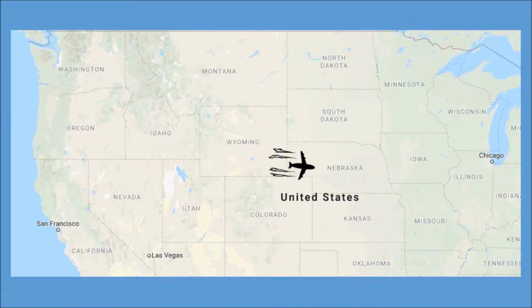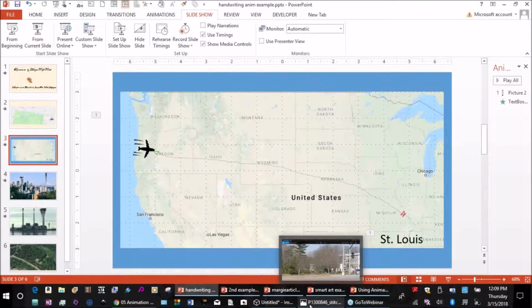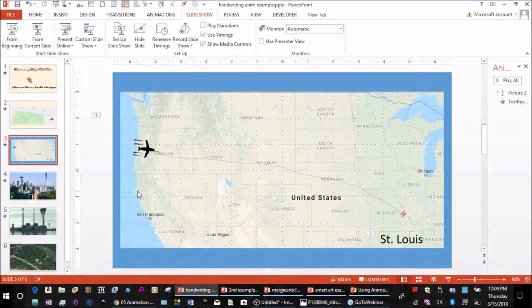The reason for that might be that someone might be wondering what other stops they could make along the way if they are coming to St. Louis from Oregon, where the plane might be able to land or something of that kind. So that's an animated GIF that follows a path.